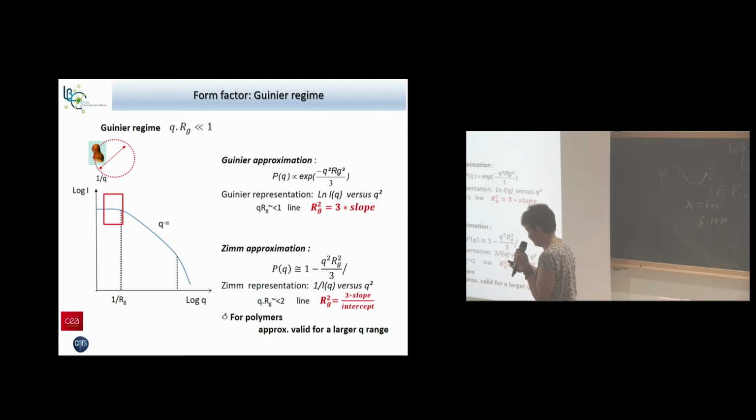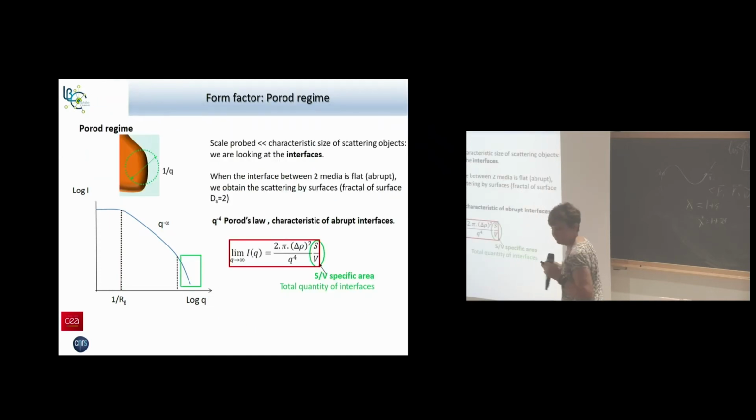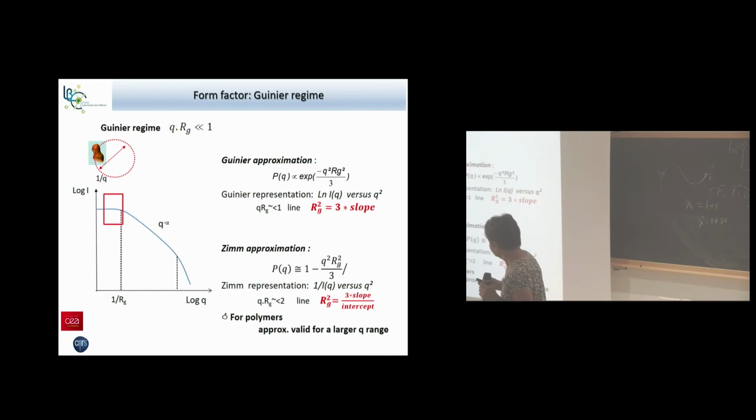How do you find this value of 1 over Rg? When you look at the plot, where do you look to measure Rg? I look at this part, when it starts to deviate from 1, when it's decreasing here. This is the region where Q Rg starts to change linearly with Q squared.